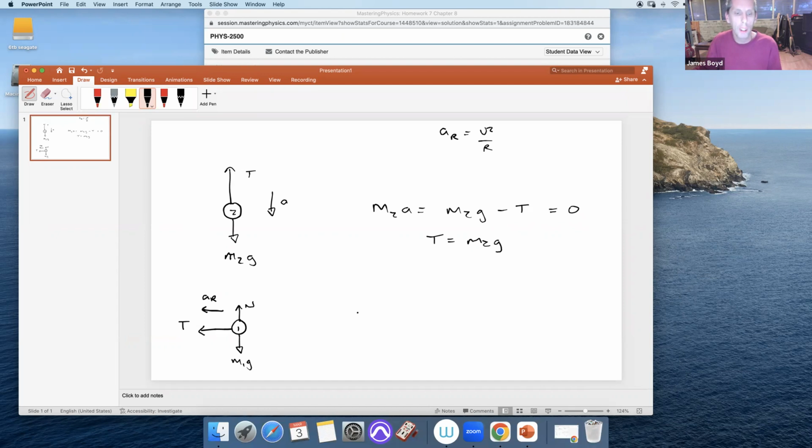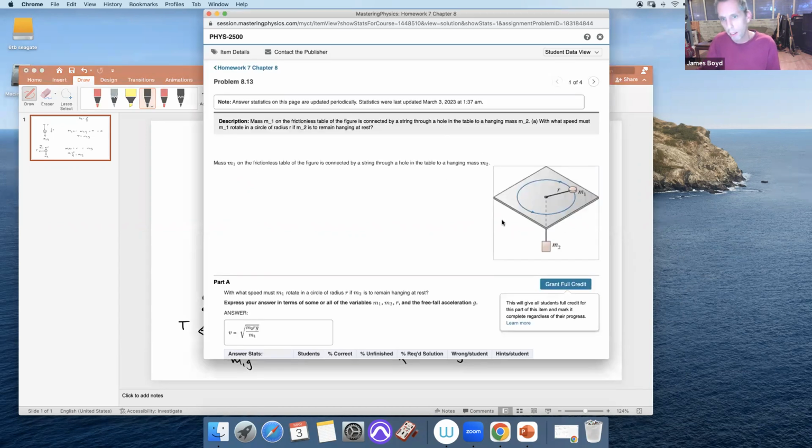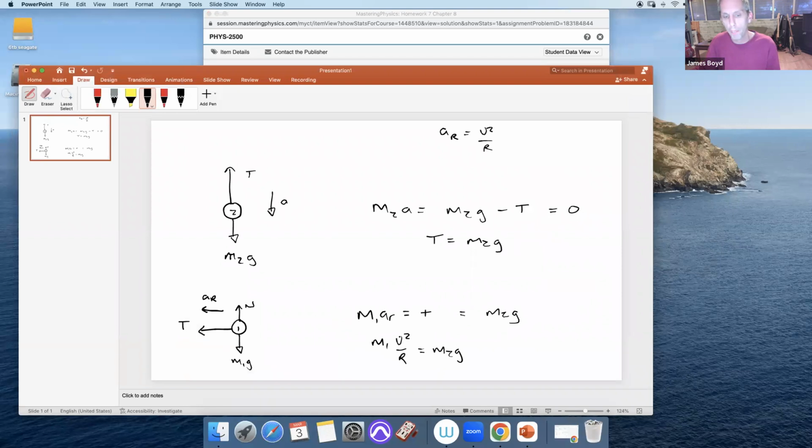Now for this one, in the direction along the rope, we don't actually care about the direction perpendicular or up and down. We only have the tension. So that tension becomes m2g, and m1 times a_rad, v squared over r, equals m2g. If we want to find the velocity that m1 will have to rotate at to keep m2 from moving up or down, we solve this for v.